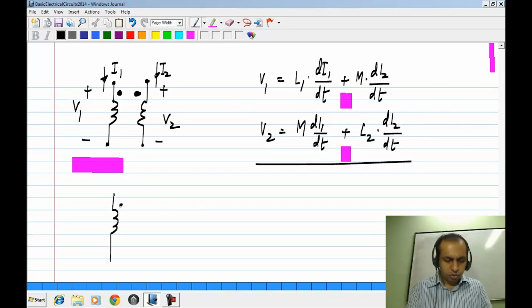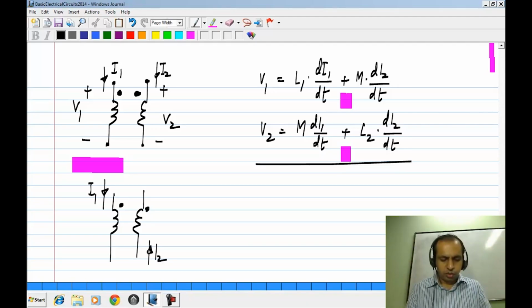If for whatever reason you choose to consider I1 flowing into the dot and I2 flowing into the terminal without the dot, then of course you have to choose voltages consistent with the passive sign convention. That means that the positive terminal of V1 is wherever I1 is flowing into, and the positive terminal of V2 is wherever I2 is flowing into.